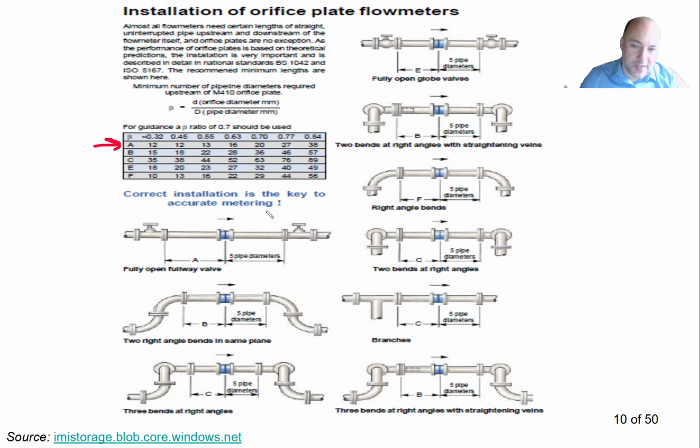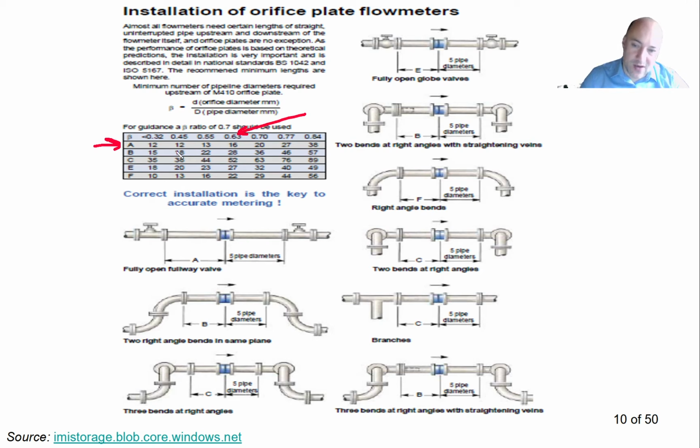So let's take a typical example where the ratio would be, for example, 0.63. So 0.63 means that I have some diameter of my pipe, and the diameter of the orifice plate is this diameter times 0.63. So it's smaller than the pipe diameter, of course.